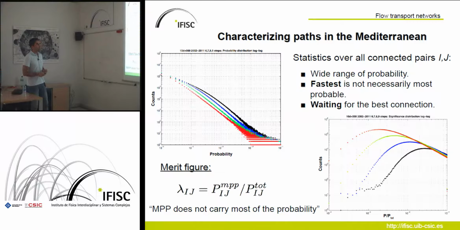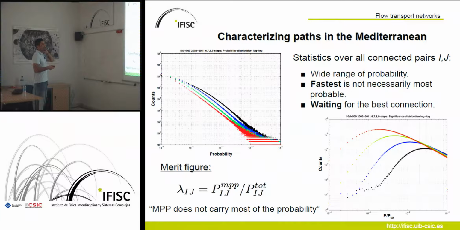And also, and this is really related to the temporal feature of our network, sometimes the best choice to connect 2 points is to wait for some time in the same place. So we found sometimes paths that present the same node several times, because we are waiting for the best connection that will arrive later.